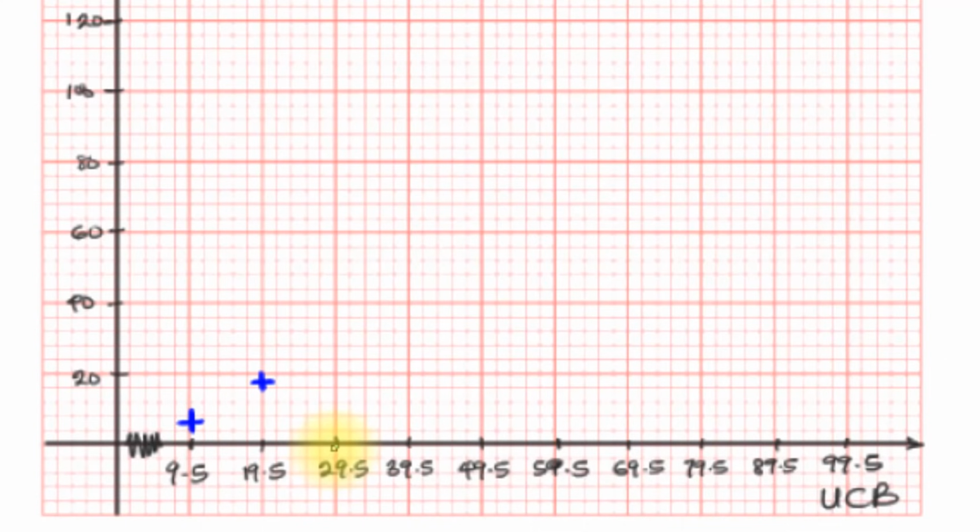When the upper class boundary is 29.5, we have the cumulative frequency to be 35. So here, this is 20, 24, 28, 32, 36, and 40. So 35 will be somewhere here.